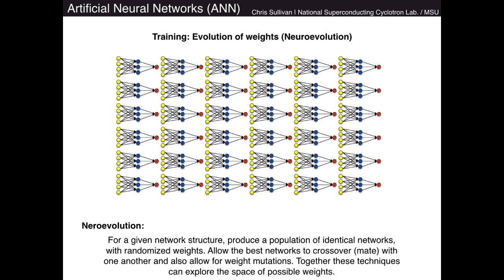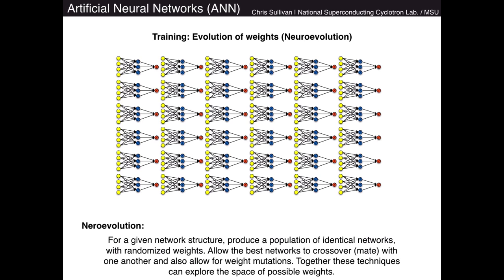There are other methods, and one such method is known as neuroevolution, or the evolution of weights. That is, for a given set of training data, you know the outputs again, and from that you're able to evolve. You essentially start, instead of with one network that you're training, with a population of networks that all have essentially randomly generated weights. And from that random population, you're able to pick the networks which have the best fitness, or essentially the minimum error.